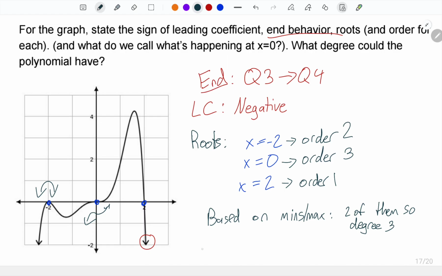Or if you look at the roots, if you add up the orders of the roots, that's like adding up the exponents in the factored form. At minimum, I should spell minimum, degree 6. All right.